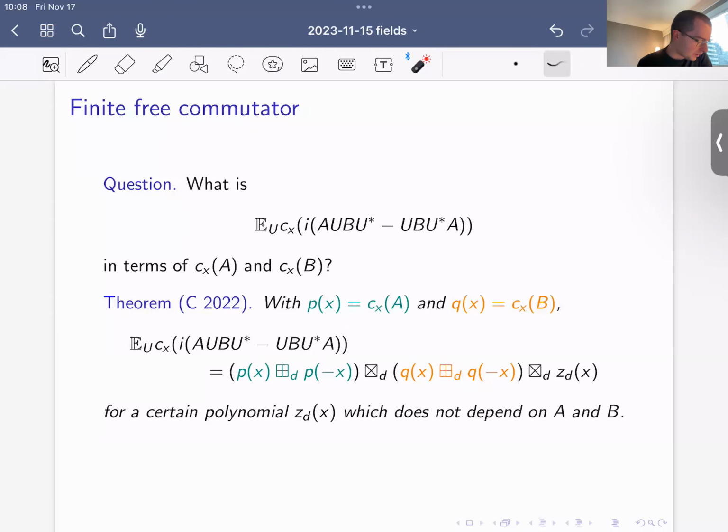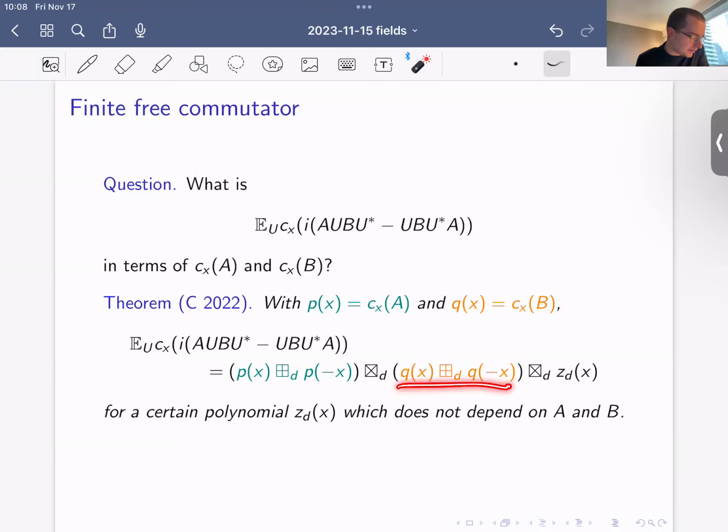There's a part that depends on P. I'll explain this later, but this is a symmetrization of P. Basically its odd coefficients are zero, so it's even in a certain sense.